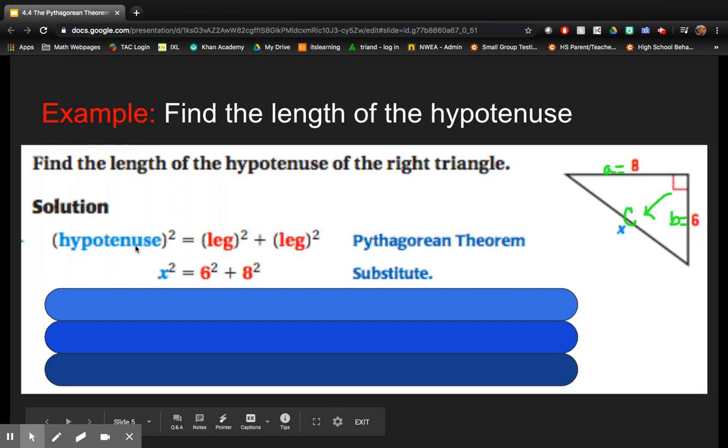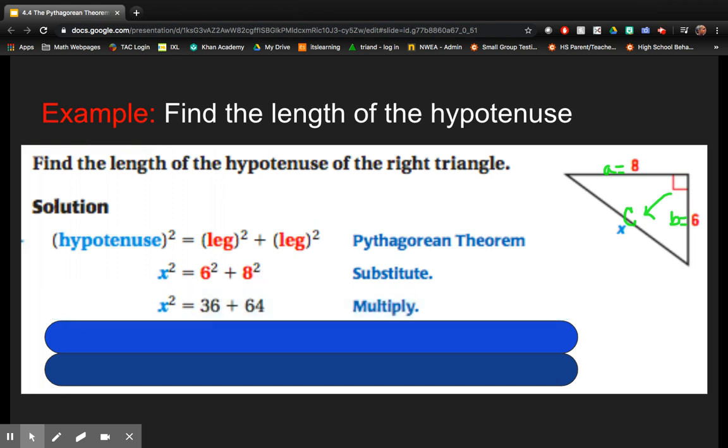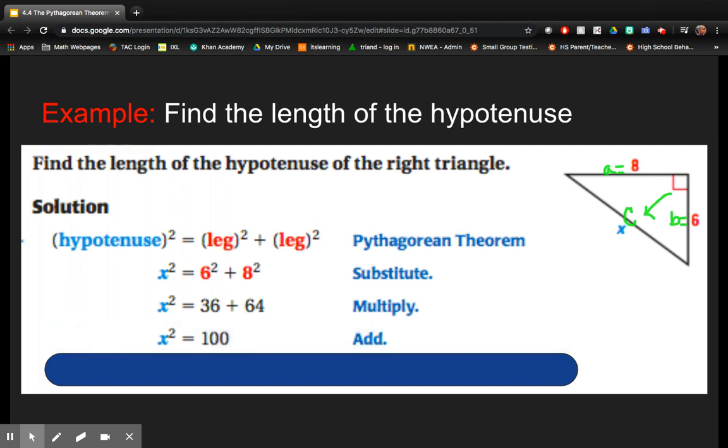So we have x squared, because C is labeled as x, equals 6 squared plus 8 squared, leg squared plus leg squared. Then we're going to square 6 and 8 to get 36 and 64, and then add 36 and 64 to get 100.